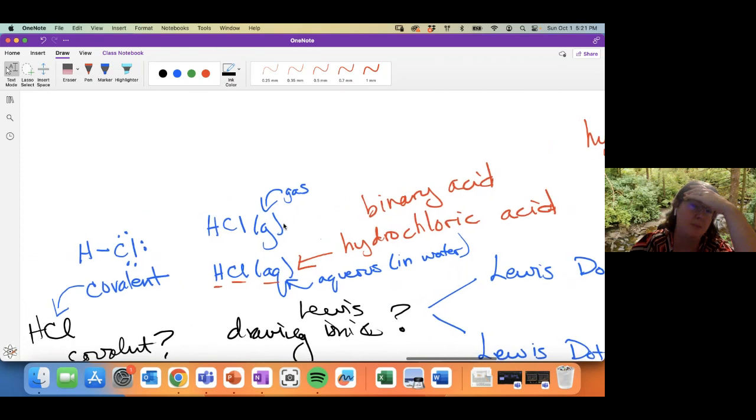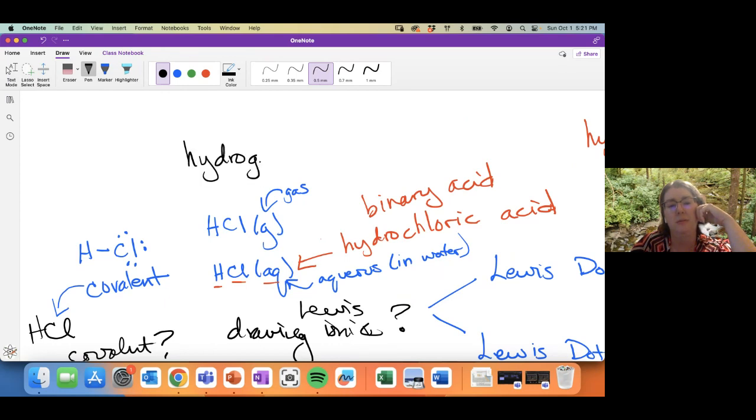The question is, is this compound covalent or ionic? And some of you are like, but it's two nonmetals, it's obviously covalent. And that's true. But the person who asked probably looked at the fact that if you were to name this thing as a gas, we refer to this as hydrogen chloride. And that's its name, like it was a metal and a non-metal. Hydrogen can only form one bond, one bond only.